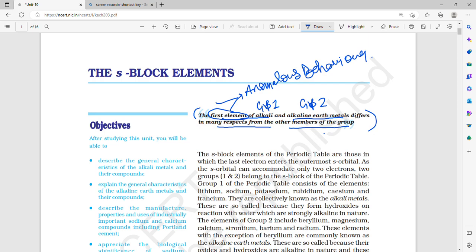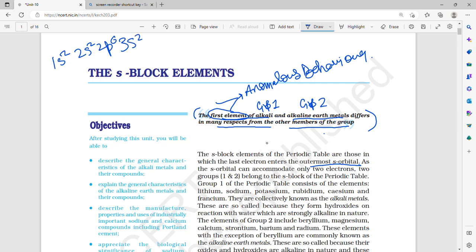Now let's see further. The S block elements of the periodic table are those in which the last electron enters the outermost s orbital. So we know how electronic configuration works, that is 1s2, 2s2, 2p6, 3s2.